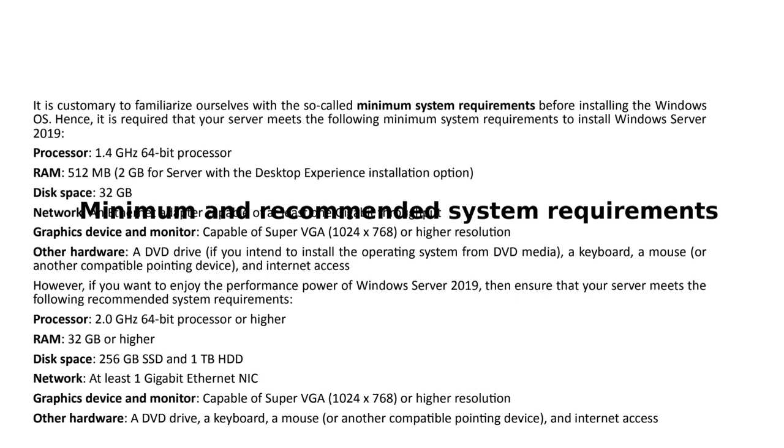Giga is 1000 mega. Correct? See the speed. A graphic, Super VGA or higher, DVD drive, keyboard, mouse, and so on. Okay, internet access. All right. Any questions?